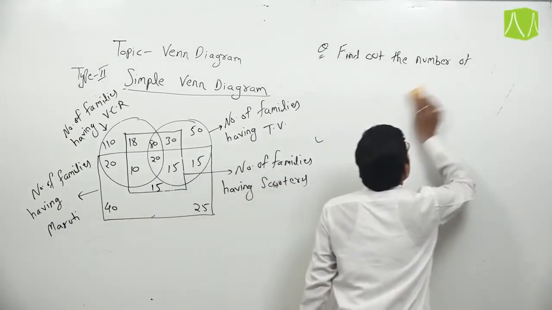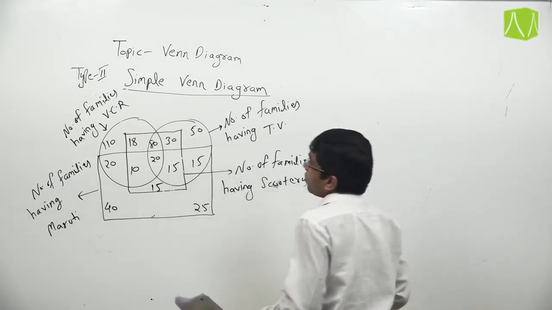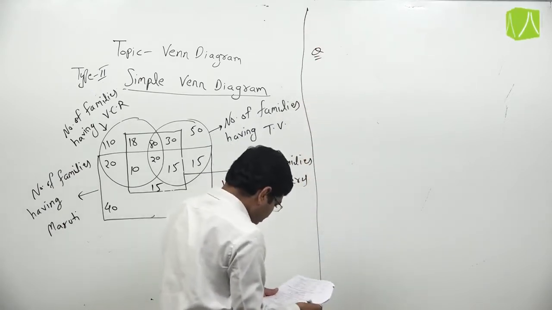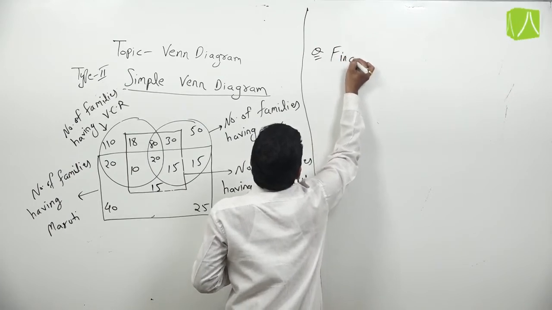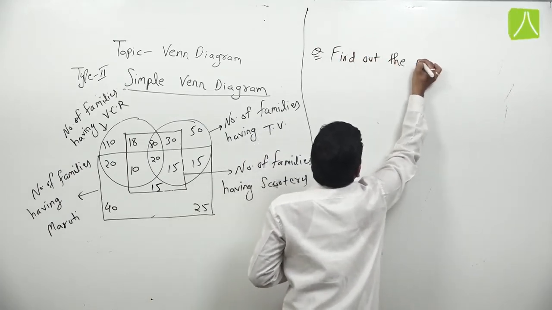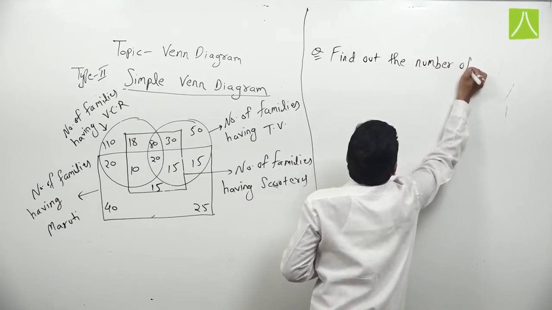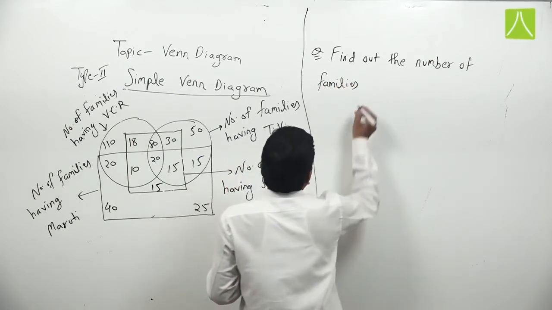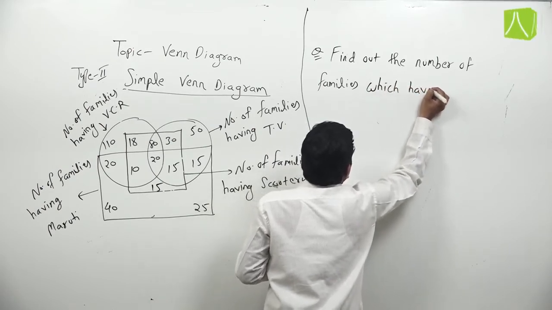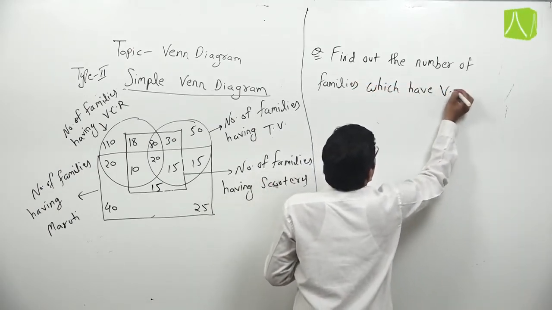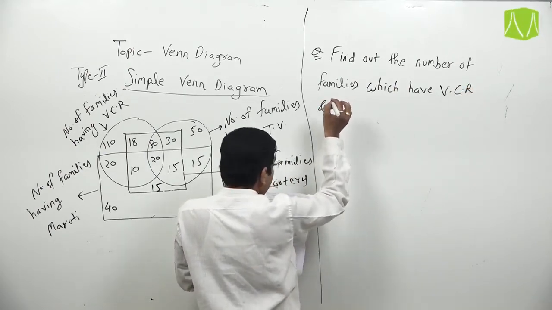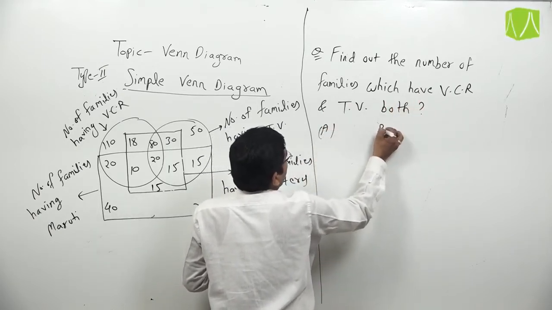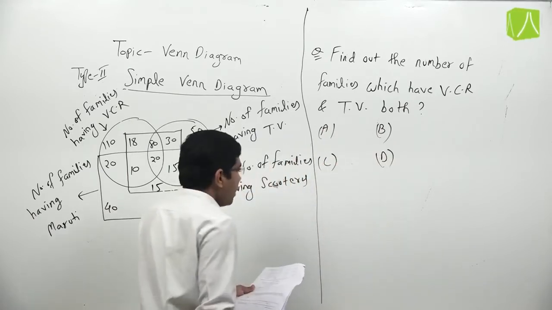Now move on to the next question on the basis of this diagram: find out the number of families which have VCR and television both.